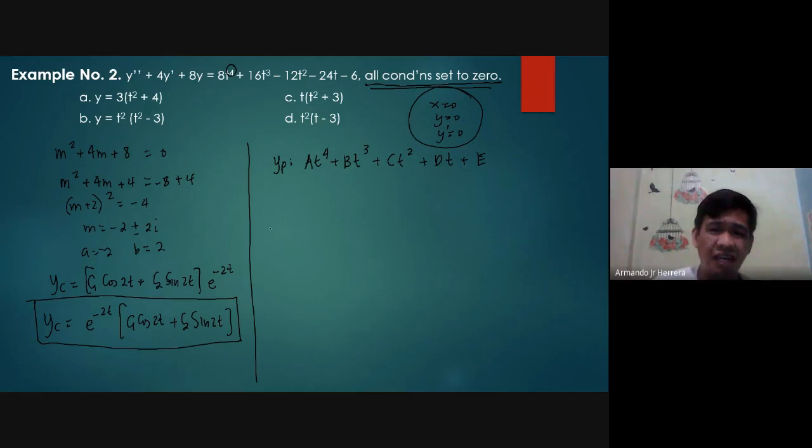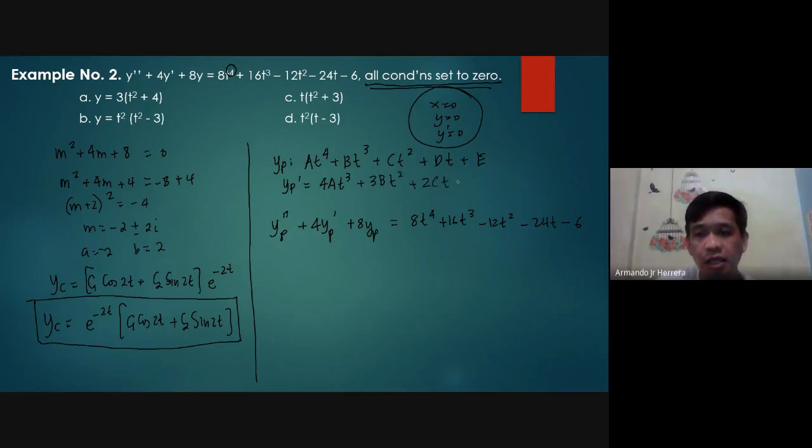So again, ang given natin ay y double prime plus 4y prime plus 8y is equal to 8t to the 4th plus 16t cubed minus 12t squared minus 24t minus 6. So lagyan natin ng subscript. So what's yp prime? That's 4at cubed plus 3bt squared plus 2ct plus d.